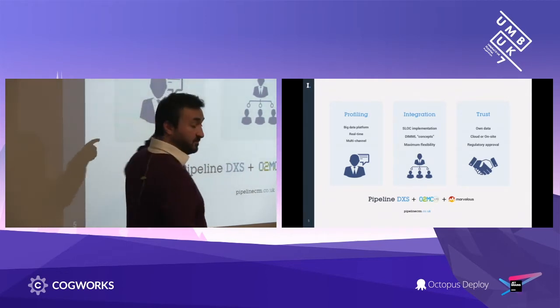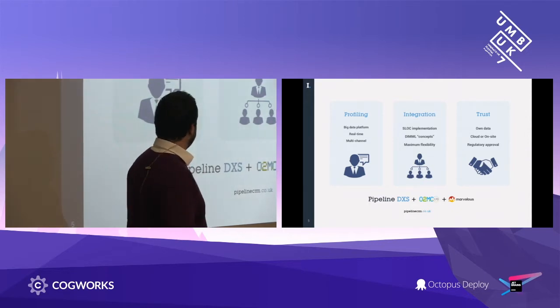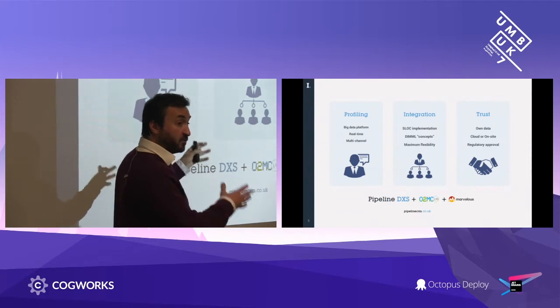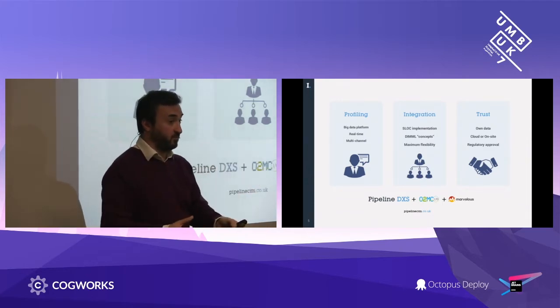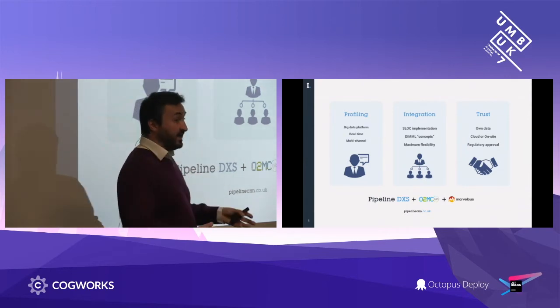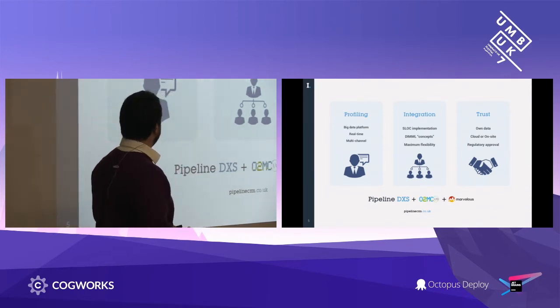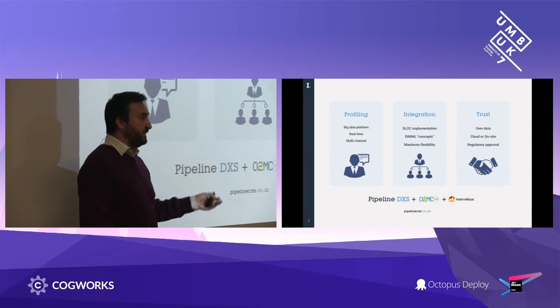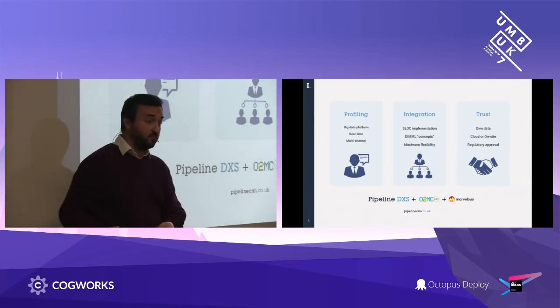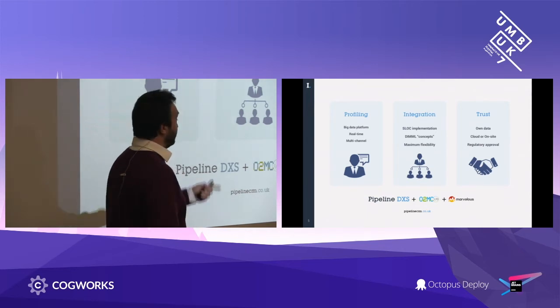Some of the benefits and the reason why I decided to put it into Pipeline is that it is a big data platform, so it will do a lot of the heavy lifting that you do not want your Umbraco installation, your Umbraco database, to do. It's real time, unlike things like Google Analytics. Multi-channel, it takes in any data, it works with multiple databases, and it works with multiple data inputs.